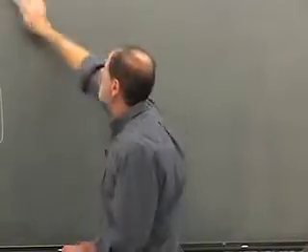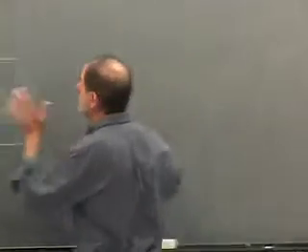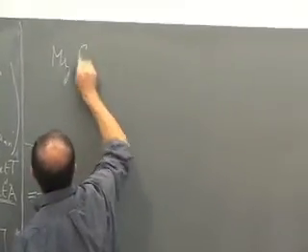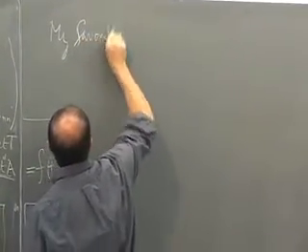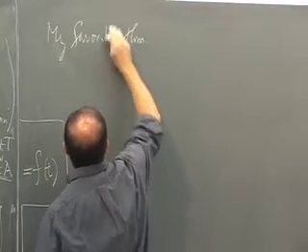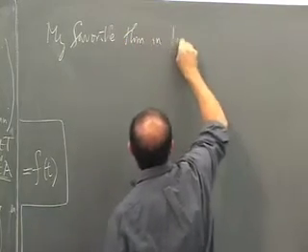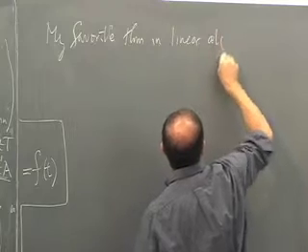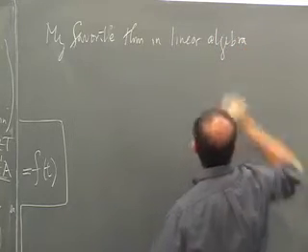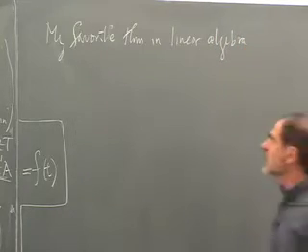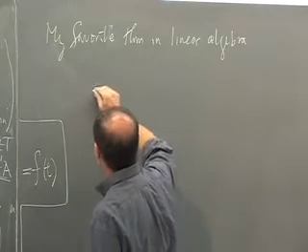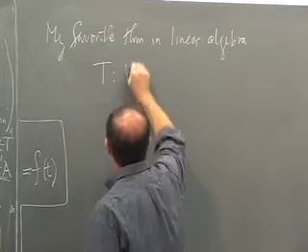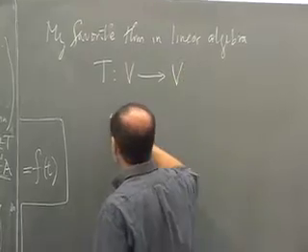OK, so let's backtrack a little bit. So now this is not required, but it's my favorite theorem. So you can see that there's a subject ahead here. We haven't exhausted the joys of linear algebra. So take a linear operator T on a finite dimensional vector space, and take its matrix.